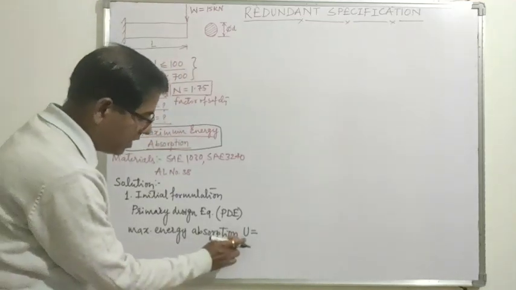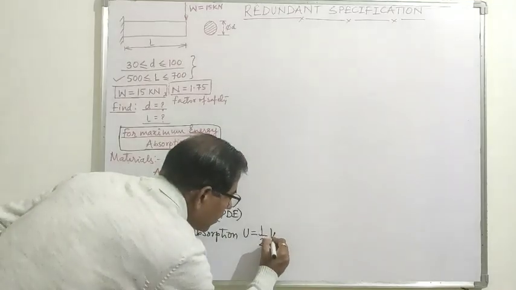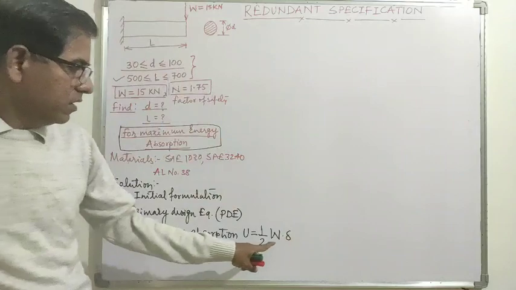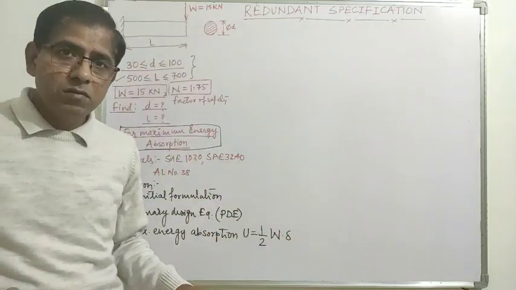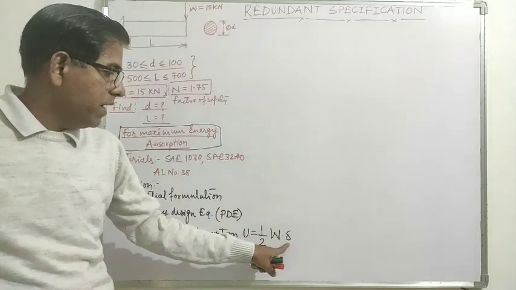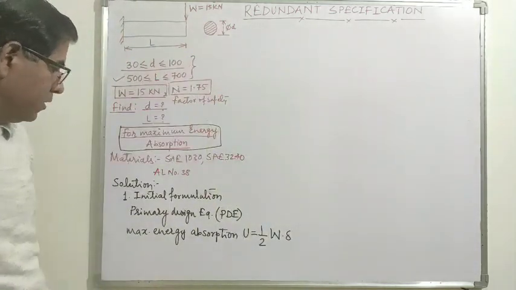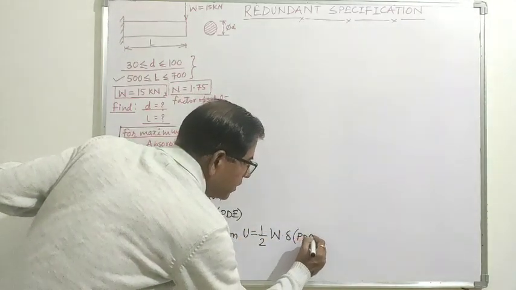It is denoted by U and it is given by half W into delta, where W is the force which is acting on the beam and delta is the deflection of the beam. So this is our primary design equation, PDE.